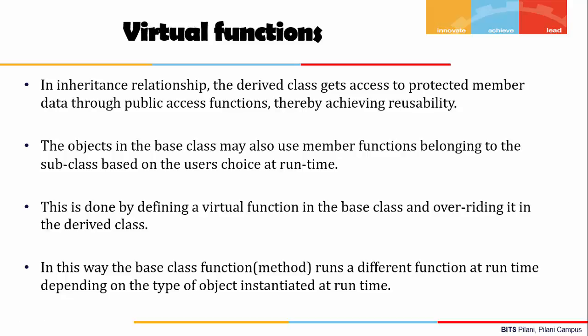So a derived class function can be called by an object in the base class. To create a virtual function, precede the function's declaration in the base class with the keyword virtual. When a class containing a virtual function is inherited, the derived class redefines the virtual function to suit its own needs.